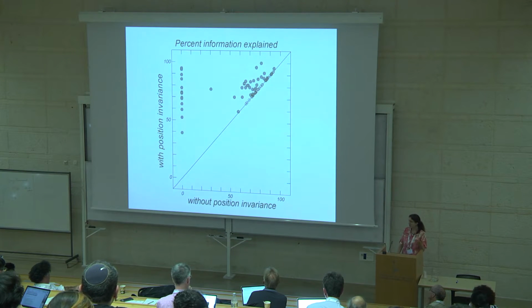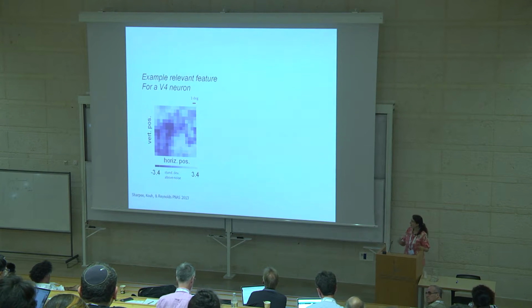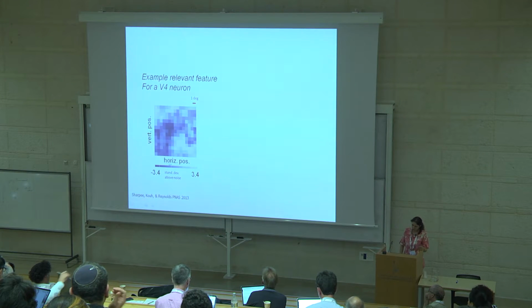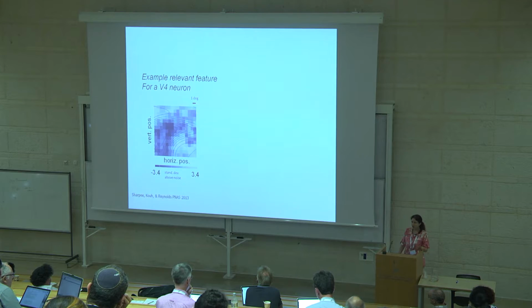So in the presence of position invariance, what were the features that accounted for the responses of these neurons? Here is one example of a feature, shown as a function of horizontal position and vertical position. While it is a complex shape, we can fit it in terms of what I called a curved Gabor model.